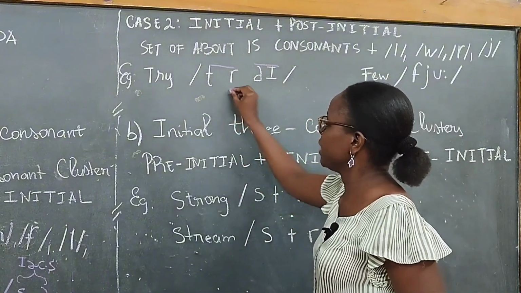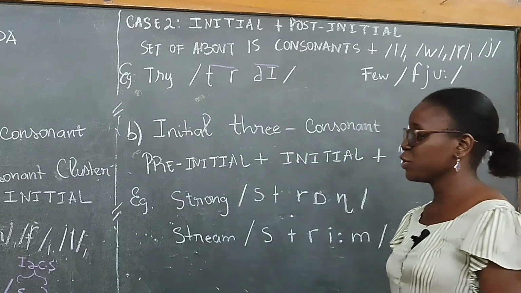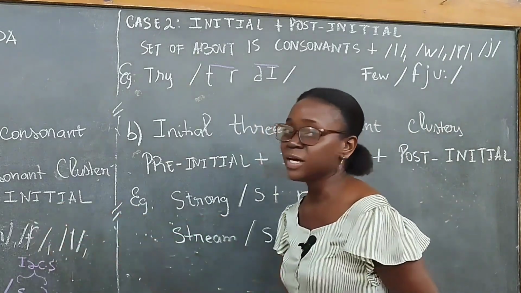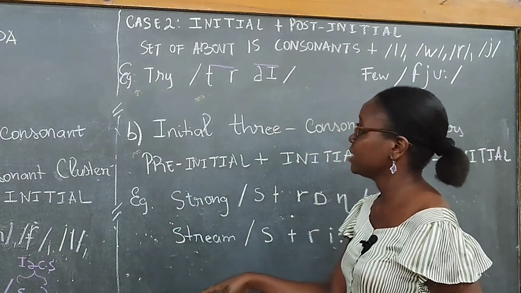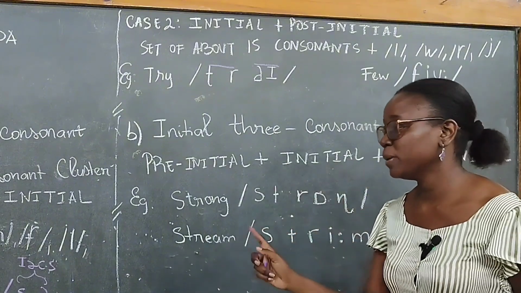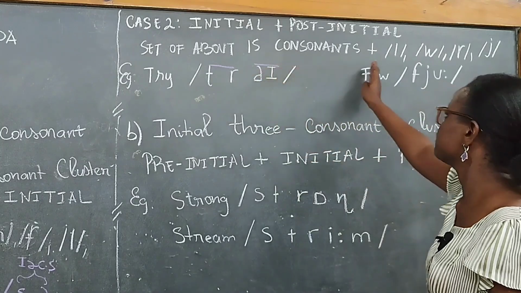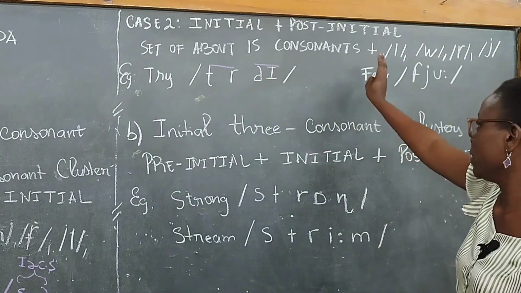Now, if we look at the initial consonants, we see that we don't have the S sound that we had in the case 1. So it's not a pre-initial plus initial, but instead initial plus post-initial. What comes?